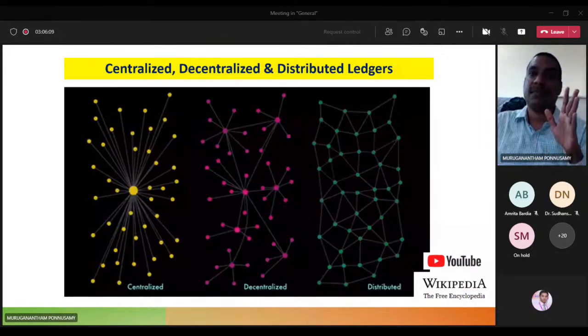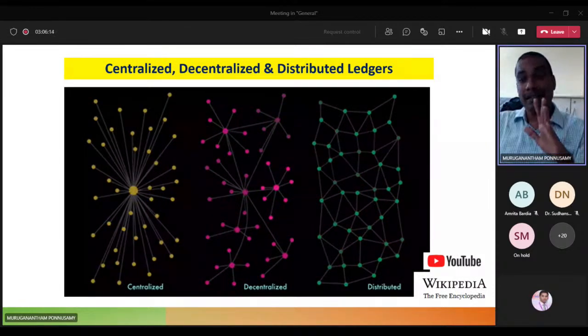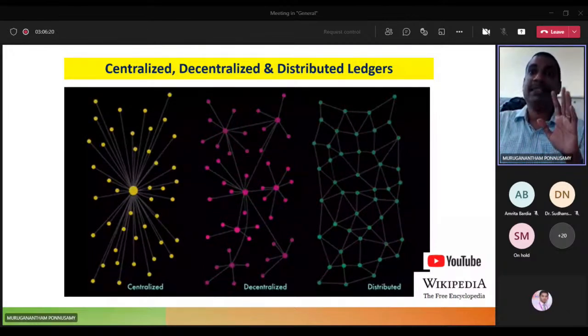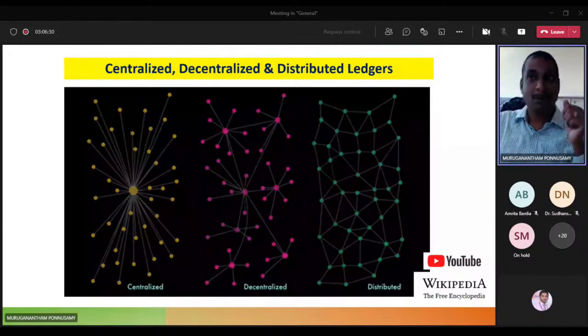Right? So the underlying distributed ledger is the same technology that is used by the so-called blockchain, which is the technology used by Bitcoin. Again, a familiar term, heard by maybe most of you.